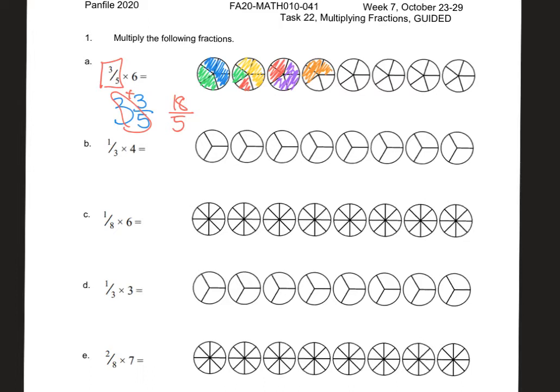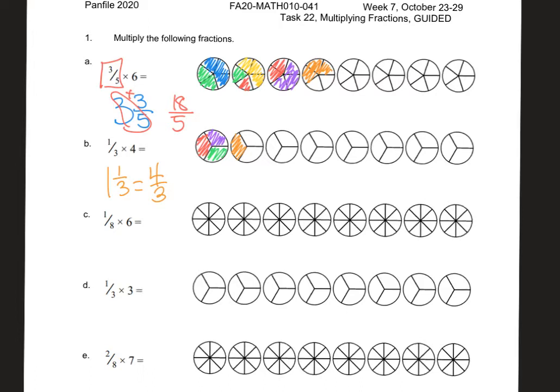Okay? So same thing, if I have 1/3 and I'm multiplying it by 4, well, there's 1, there's 2, there's 3, there's 4. I have 1 and 1/3, or 4/3. Those are equivalent, right? One is a mixed number, one is an improper fraction.